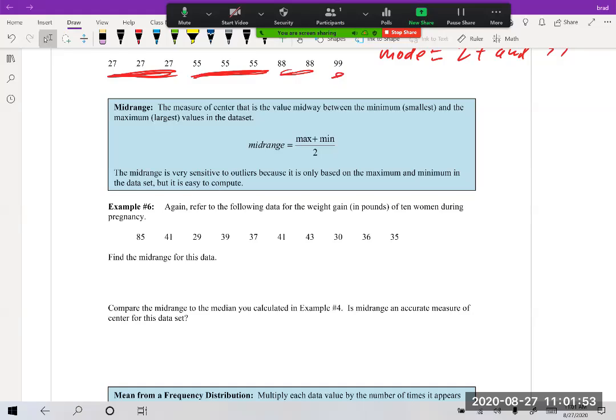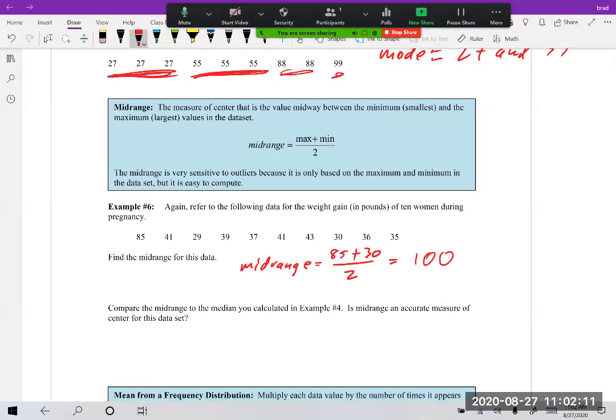Well, we know the highest value and the lowest value, so the mid-range is 85 plus 30 divided by 2. So we do 85 plus 30 divided by 2, and we get 100.